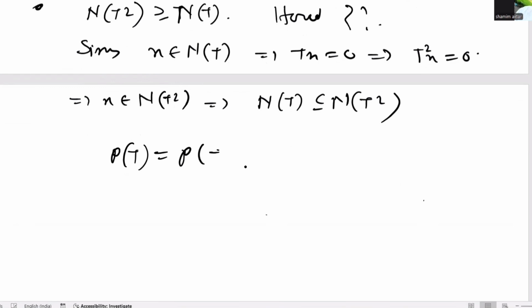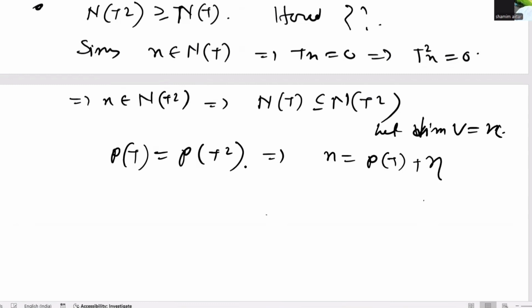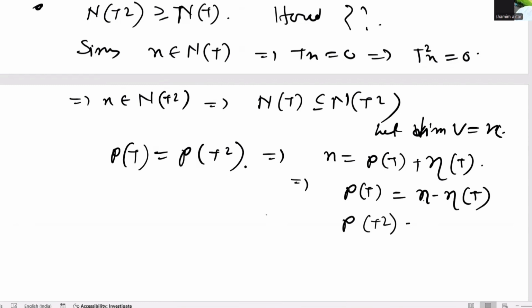Here given rank of T equals rank of T square. By the rank nullity theorem, let the dimension of V equal n, so n equals rank of T plus nullity of T. So rank of T equals n minus nullity of T, and similarly rank of T square equals n minus nullity of T square. Putting this here, n minus nullity of T equals n minus nullity of T square.